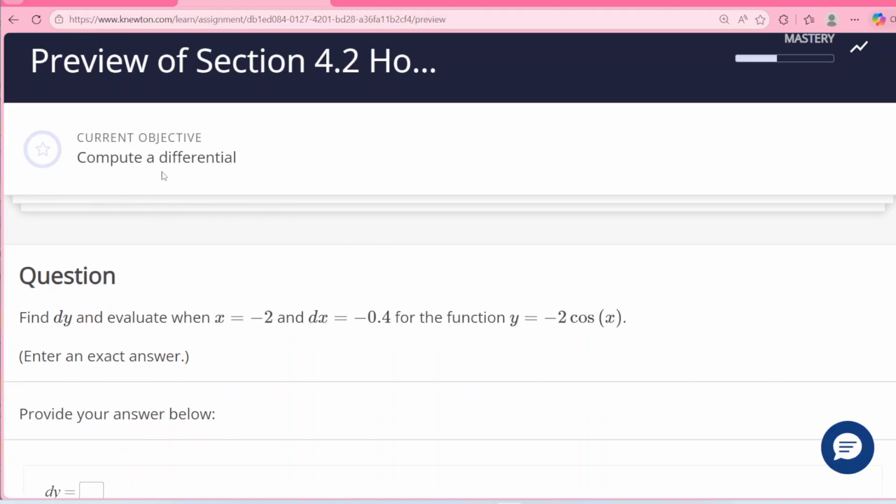So this is just compute a differential. All right, so this will be just x's and y's, so dy dx.